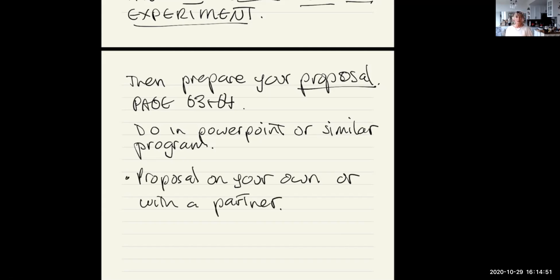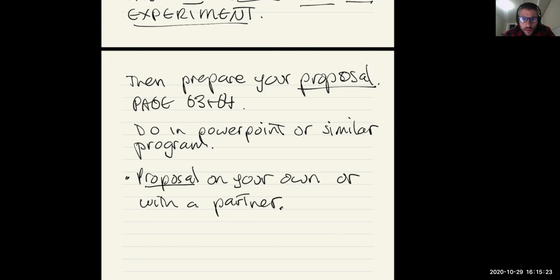So I'm trying to contact people individually to see which you would prefer. So I'll keep working on that. I just got your literature report, so I'm sorry I haven't been able to read them yet, but I did glance at them and what you're working on. So I might pair up some students. So the proposal can be on your own or with a partner.